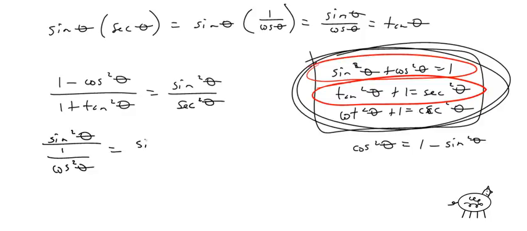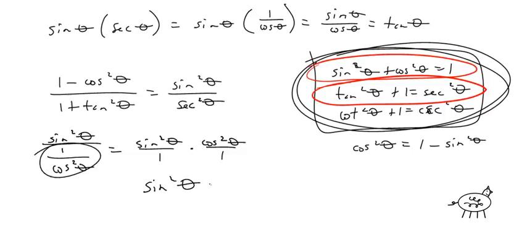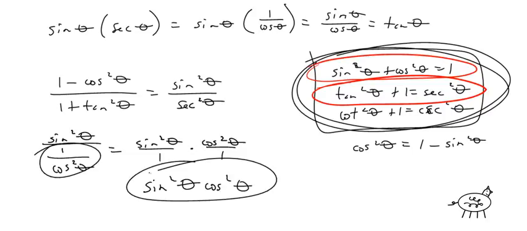So I can write sine squared of theta over 1, times the reciprocal of that value. Do you guys agree with that? Okay, and then my answer is going to be sine squared of theta cosine squared of theta, and that's it. That's your answer.